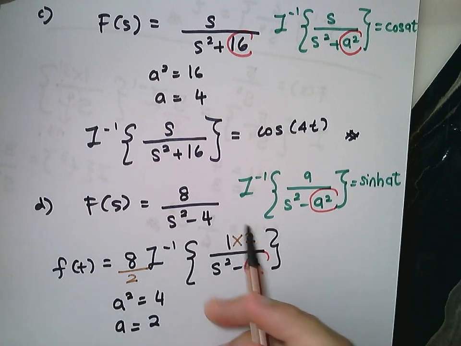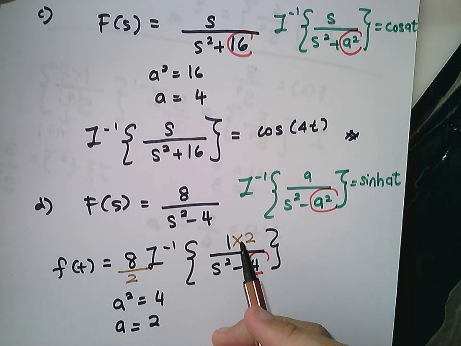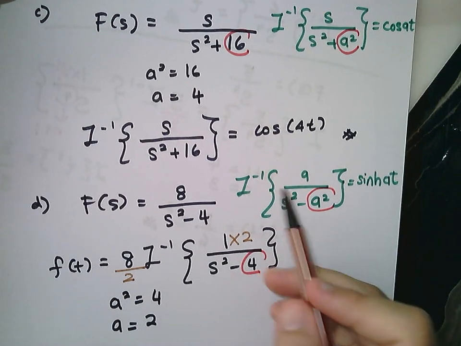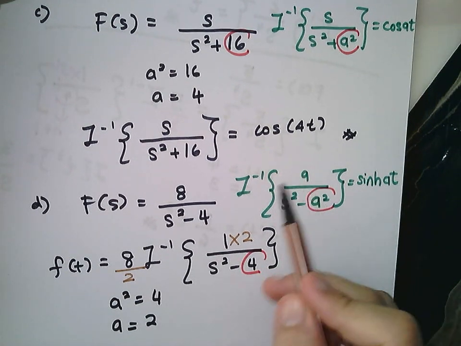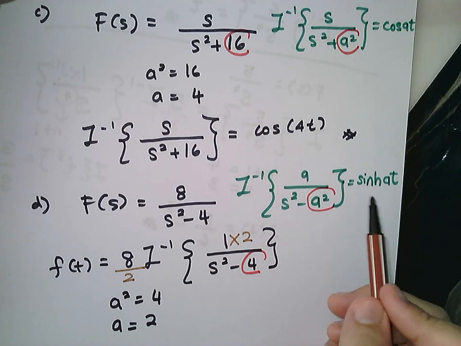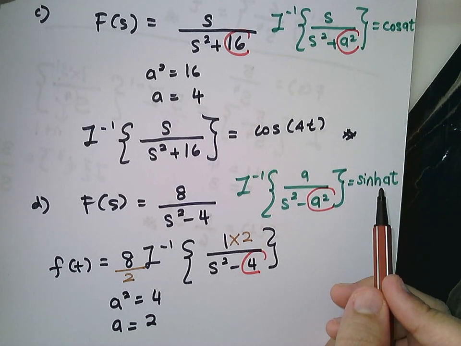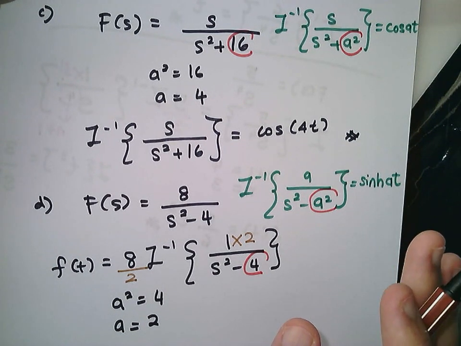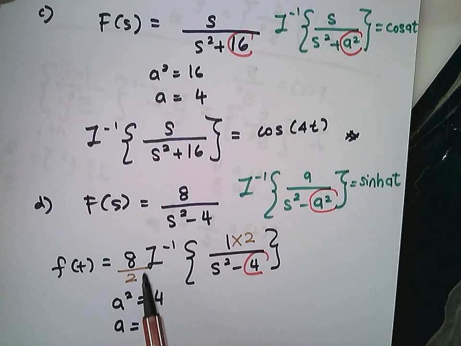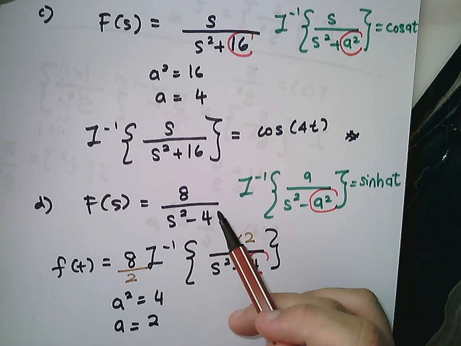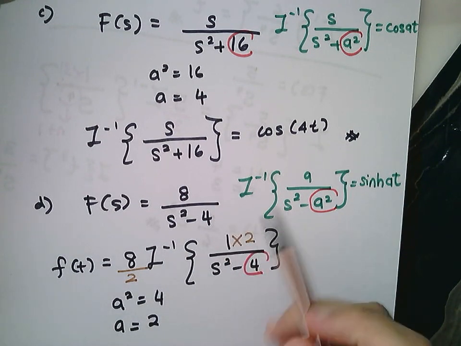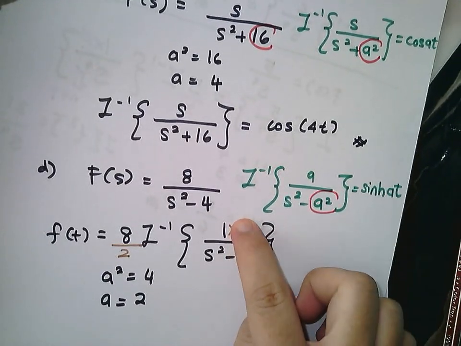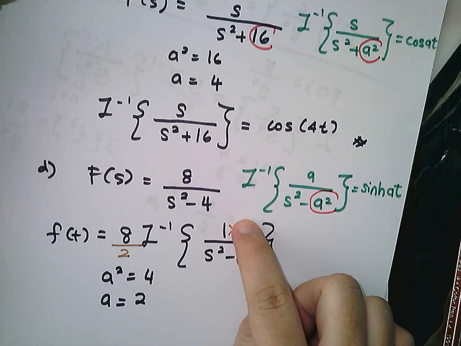Okay, why do you need to multiply by 2 here? Because your a is equal to 2, so you need to follow this general form of F(s), then only will you get this f(t). If not, you don't know what the value of a is. If you don't factorize 8 here, you don't know the value of a. And you cannot simply say, without multiplying by 2, that this is sinh 2t.